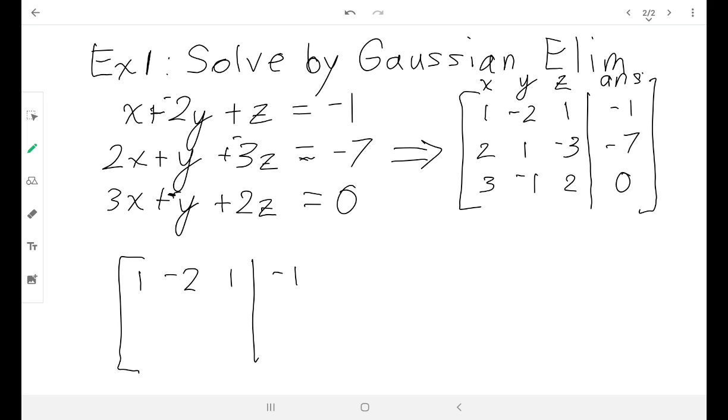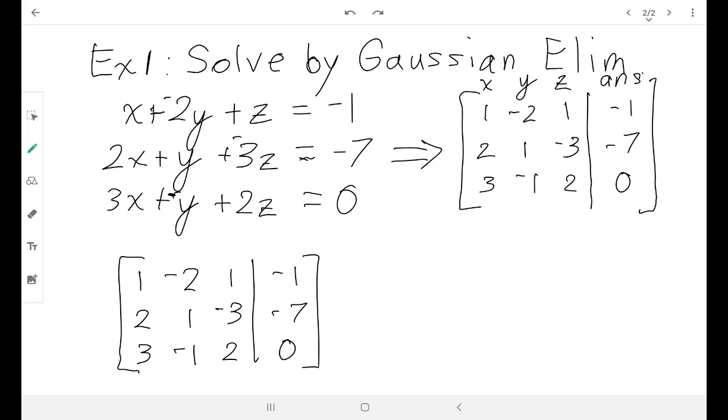The first row needs to have a 1 at the beginning, and that's all I care about for the first row. As you can see, the first row is done because I already have that 1.